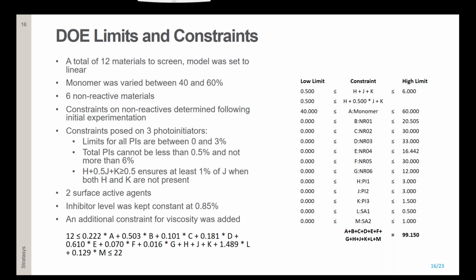So we needed some PhotoInitiator, so that was one constraint. And also from previous experimentation, we knew that for PhotoInitiator 2, which is labeled here J, we needed at least 1%. So the second constraint was to ensure that when no other PhotoInitiator is present, then J would be at least 1%.